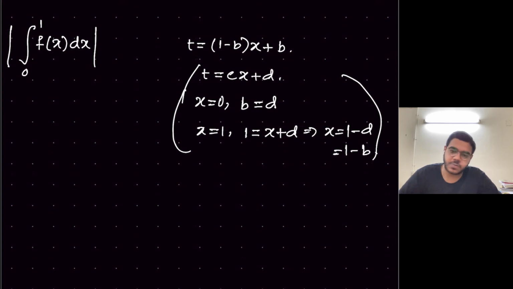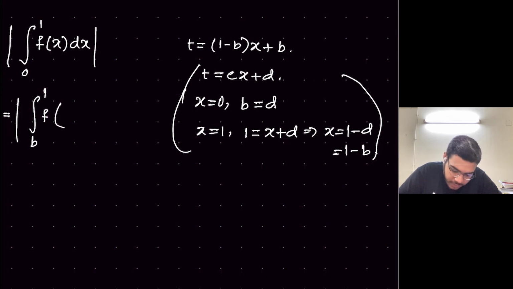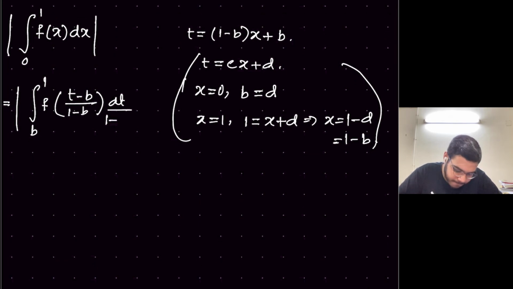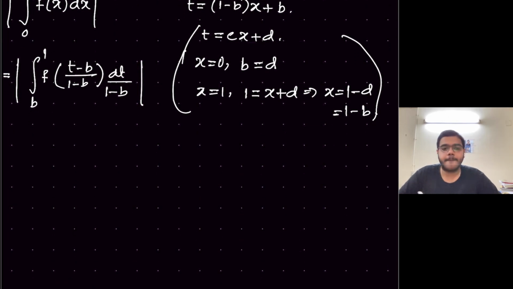This is my transformation. So this becomes integral b to 1 f of (t minus b) by (1 minus b) dt by 1 minus b. Fine.